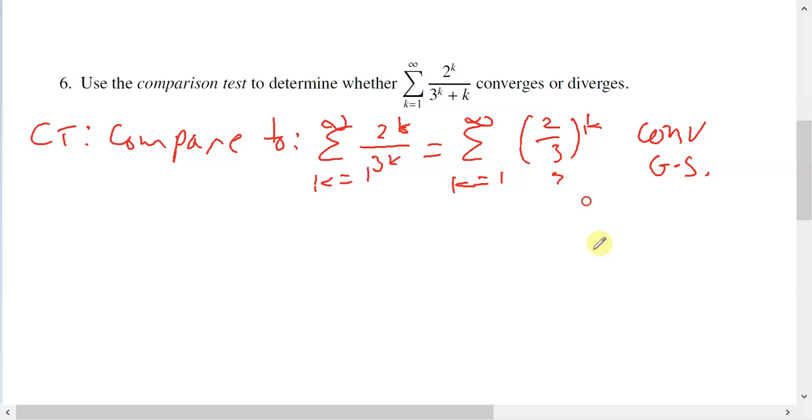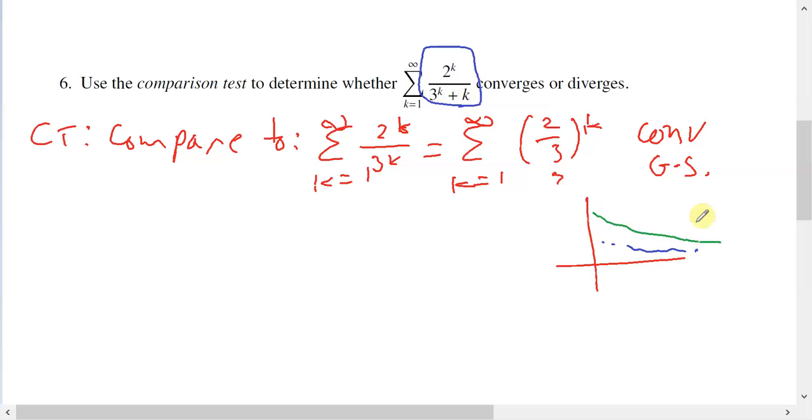Now that I know it's convergent, I just draw my little schematic. Mine is convergent, meaning if you're thinking of it, it's sort of like area, which it's not area, it's point values, but it's convergent. So for me to draw a conclusion about this one, it's got to be underneath it, so that if this one's finite, then the one underneath it has to be finite.